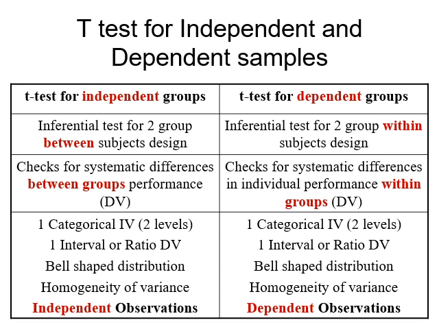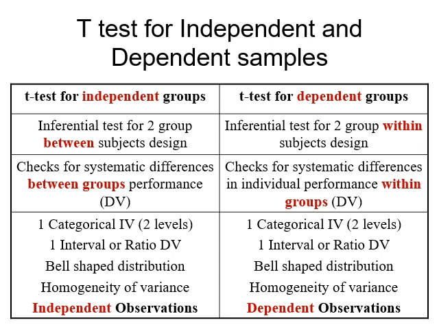The t-test for dependent groups is an inferential test. So again, it is inferring from a sample to a population for two groups within a within-subject design. It checks for systematic differences in the individual performance within groups. In other words, it's really looking at how each person as a whole systematically changed from one condition to the other.